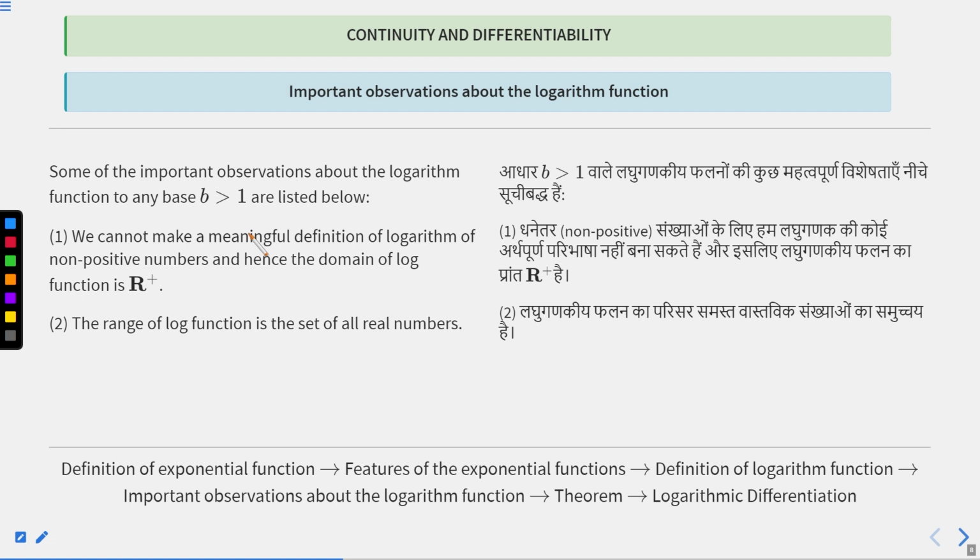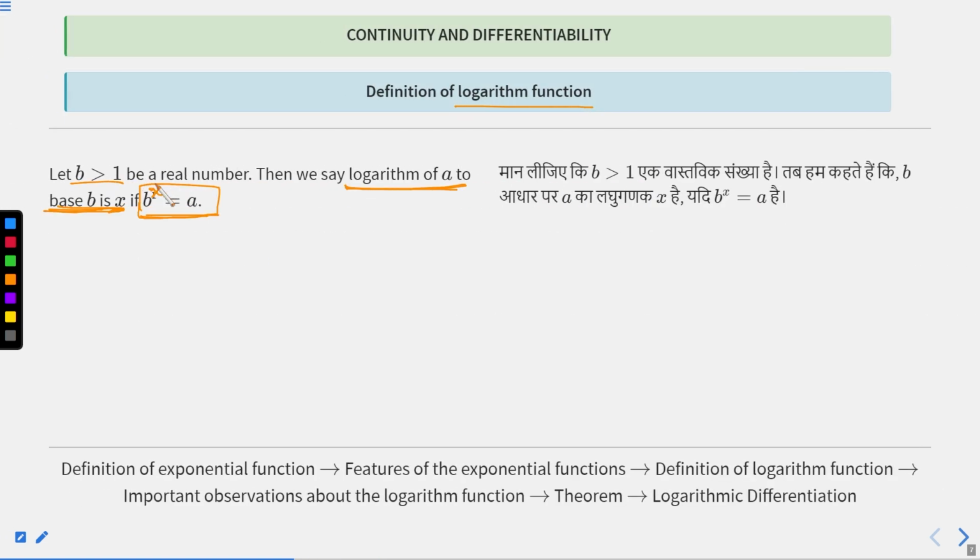In other terms, log of a with base b is equal to some x. This is what this statement is saying.